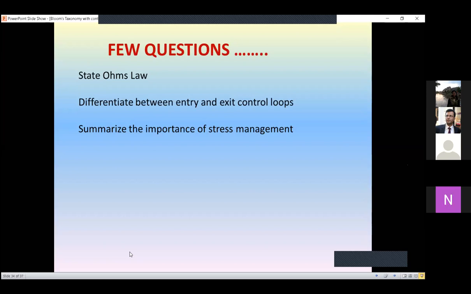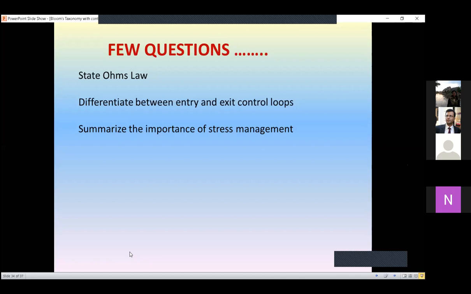In summarizing, you also get recollecting, application, then putting them in an order. Summarize is to put whatever the student has understood in a sequential order, from the beginning to the end.